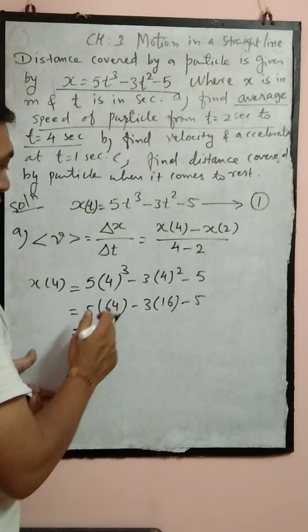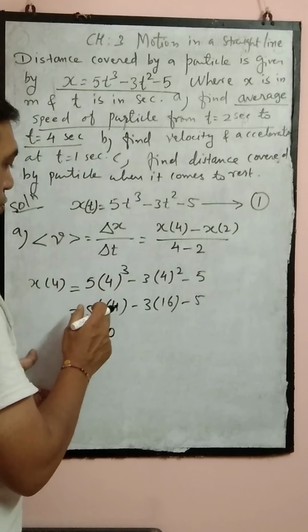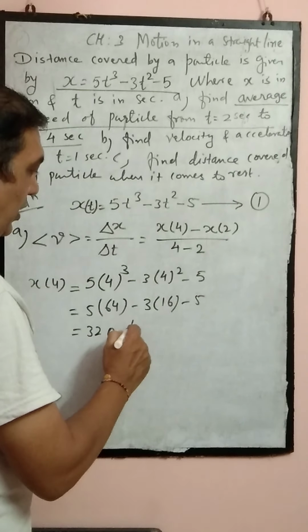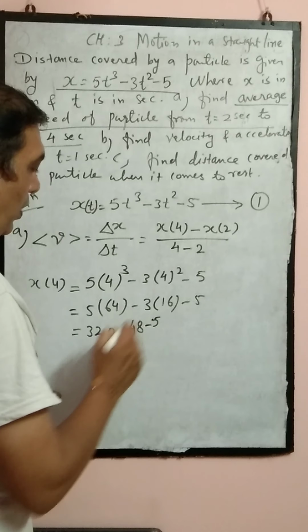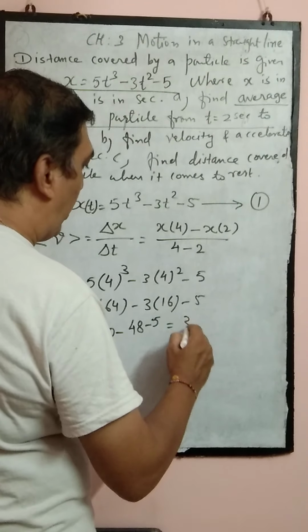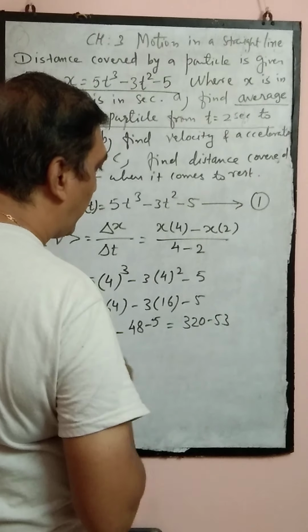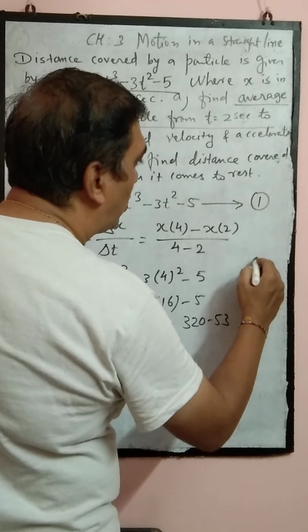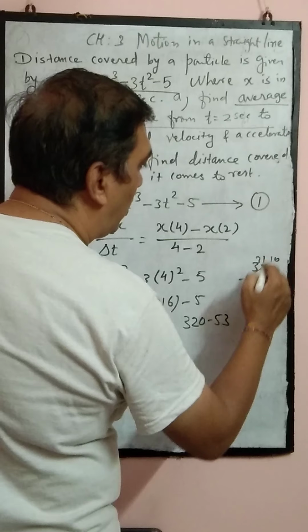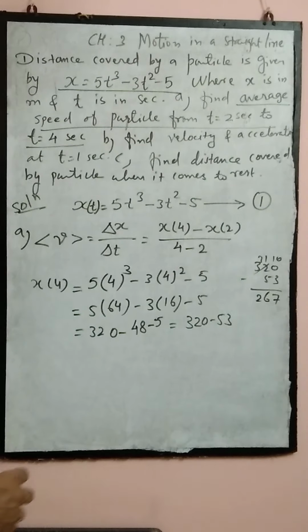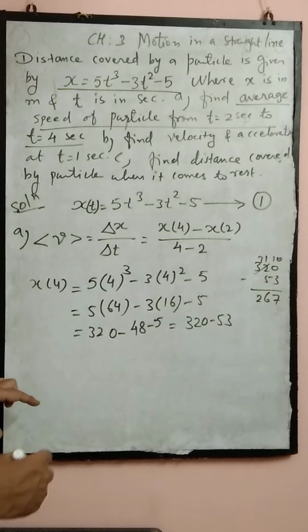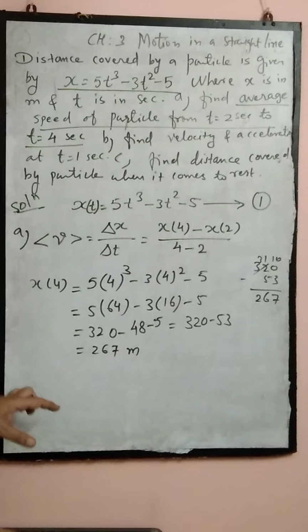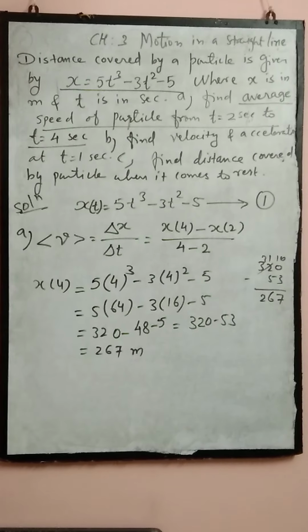That is 5 4s are 20, carry 2, 5 6s are 30, 32, so 320, minus 16 3s are 48, minus 5, right? So that is equal to 320 minus 53. 320 minus 53, what will we get? It will be equal to 267, right? This will be in meter, as it is given x is in meter and t is in second.